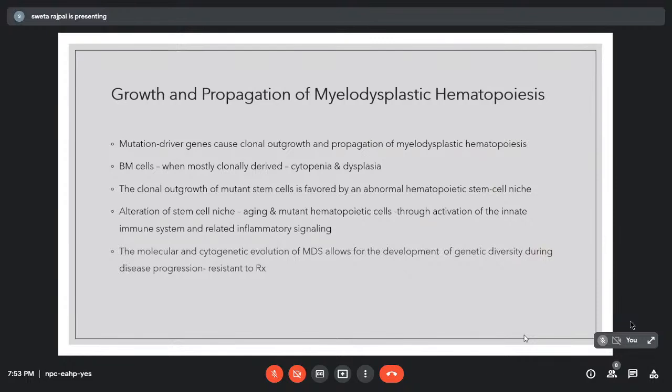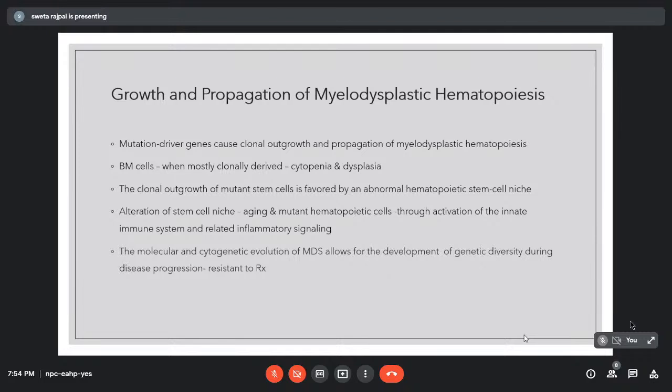The clonal outgrowth of this mutant stem cell is also favored by an abnormal hematopoietic stem cell niche, and this alteration of the stem cell niche is predominantly caused by aging, and that's why MDS is more common in elderly patients. The alteration in the stem cell niche leads to clonal outgrowth of mutant stem cells, leading to MDS. There is also involvement of the innate immune system and related inflammatory signaling between the mutant hematopoietic stem cell and the stem cell niche, which also leads to the outgrowth of these mutated clones.